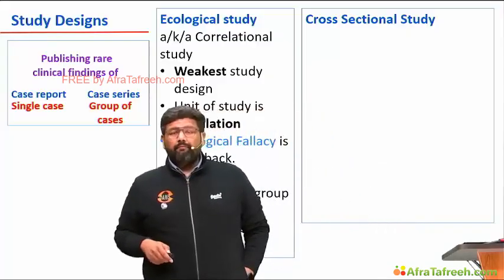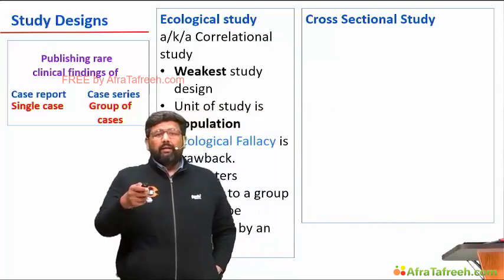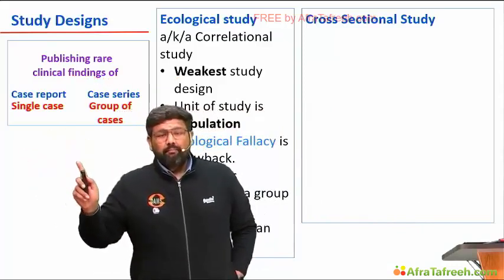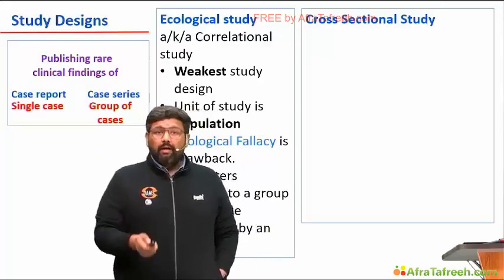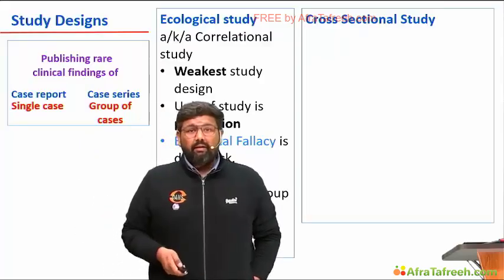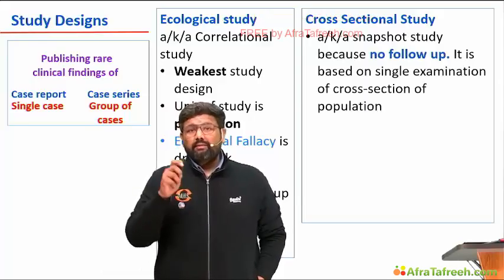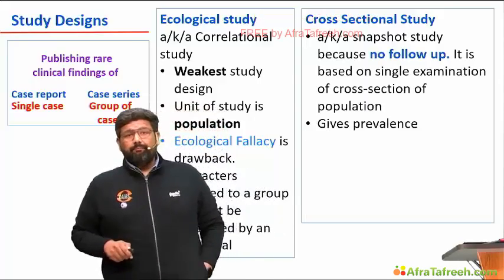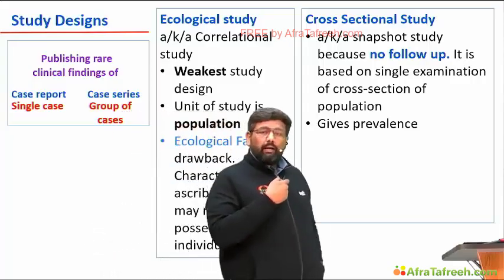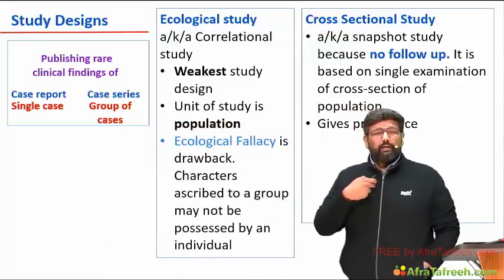school. We went to a school and I asked, please go and check their hemoglobin level. You checked their hemoglobin level. You told me, sir, out of 100 students, 20 are anemic. What is this? This is prevalence. So cross-sectional study gives us prevalence. I'm also participating with you.